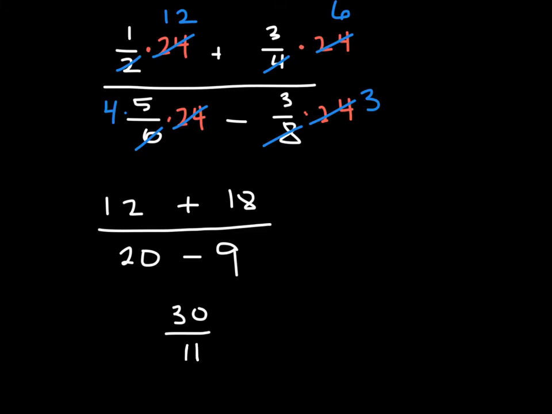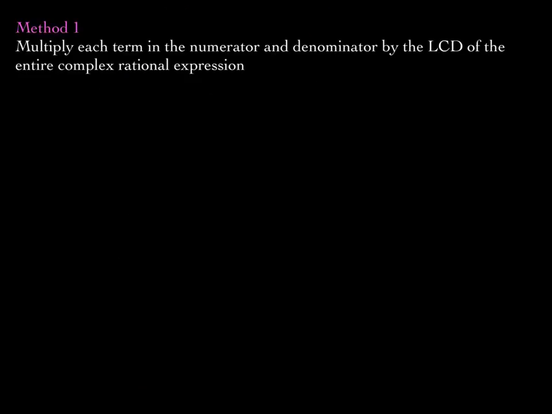So then the simplified answer here, the simplification of this expression, is simply 30/11ths. This is the final answer. So this is the method that we just used. We multiplied each term in the numerator and the denominator by the LCD of the entire complex rational expression. In the previous example, 24 was the LCD of all of the fractions.